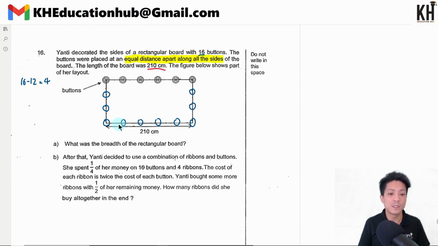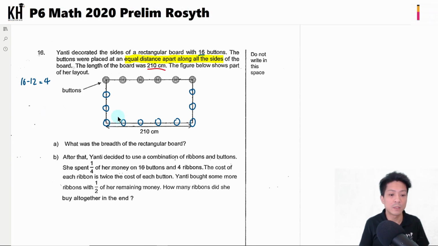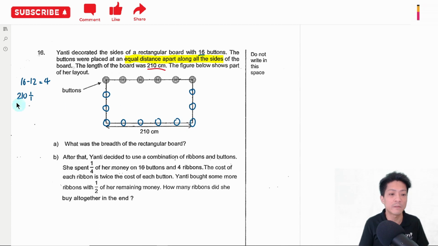So which means that the first step that we need to find is the gaps, right? The distance of each gap, which is gonna be 210 divided by, there is 1, 2, 3, 4, 5 gaps.